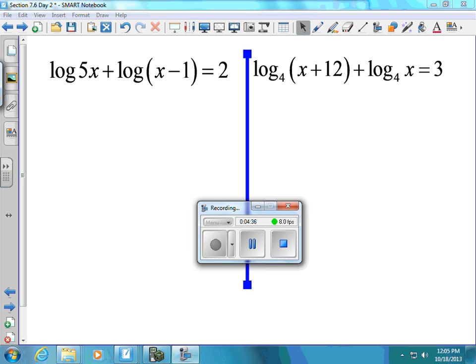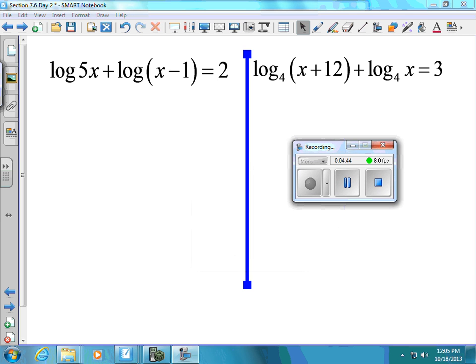So, log base 5x plus log of x minus 1 equals 2. What do we do with something like this? Well, we're going to have to use our condensing properties, and when we have the same base and things are being added or subtracted, we can condense them together. So this one on the left, log of 5x plus log base 10 of x minus 1 equals 2.